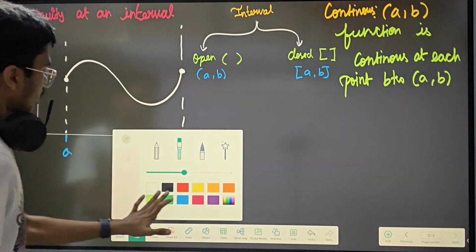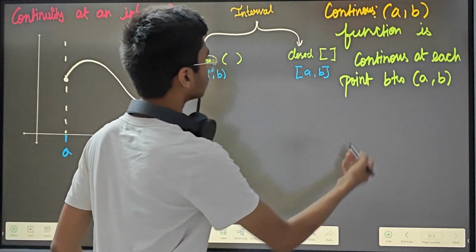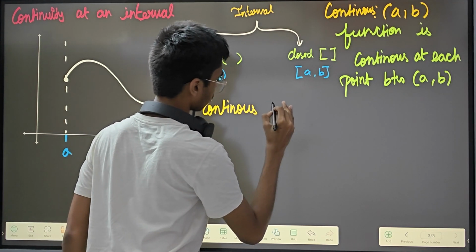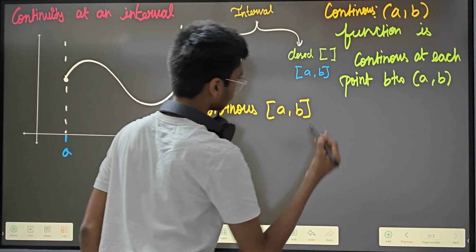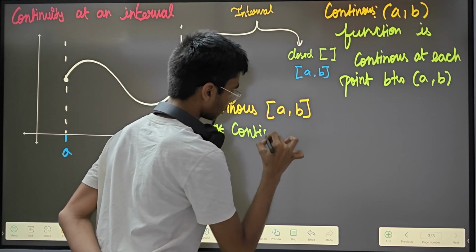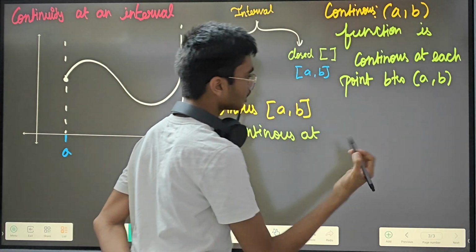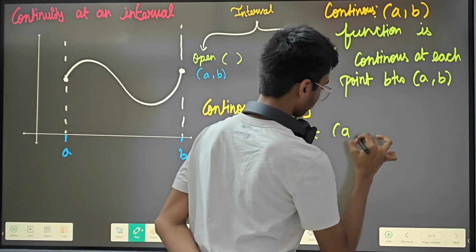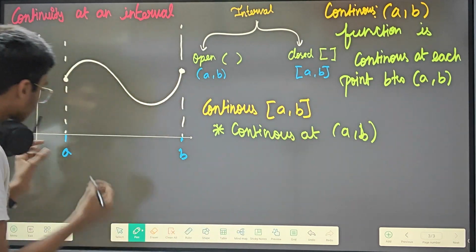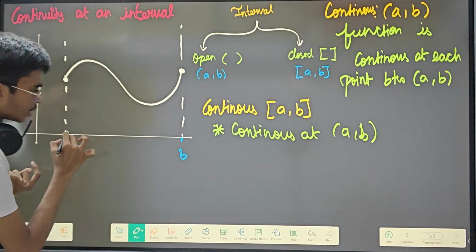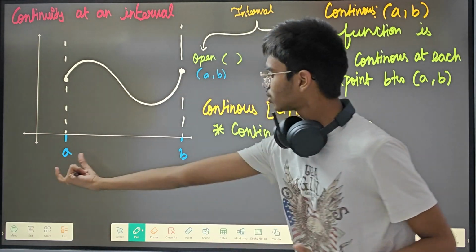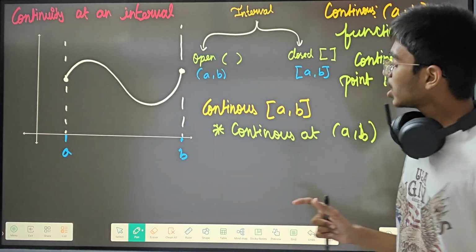Then, in order to determine whether it is continuous or not by using this bracket, the first condition is that it should be continuous in A comma B. For this open bracket, first it has to be continuous excluding A and B, except those numbers.